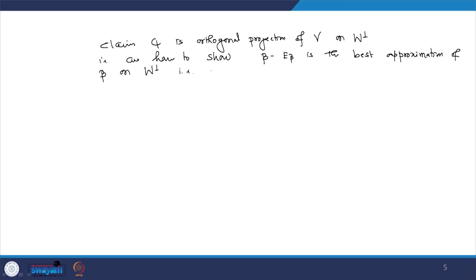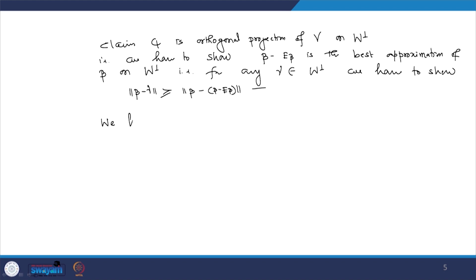That is, for any gamma belongs to W complement, I have to show that norm of beta minus gamma will be greater than or equal to norm of beta minus E beta. We have to prove this.